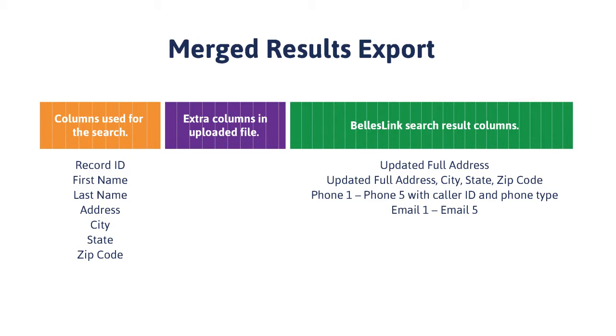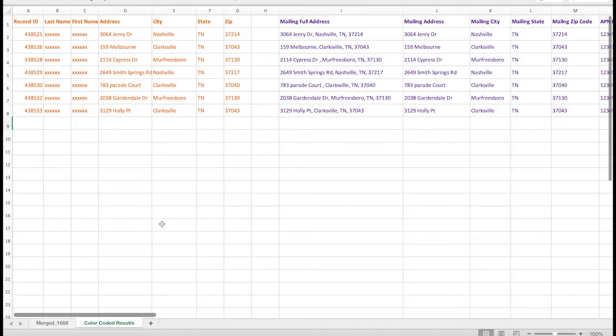We actually save a copy of that file in your account so that when the results come back, the results can be merged back into your original file. So what you'll see are columns for search, extra columns that were in the uploaded file, and then all the data that was returned. Let's take a look at that in a spreadsheet.